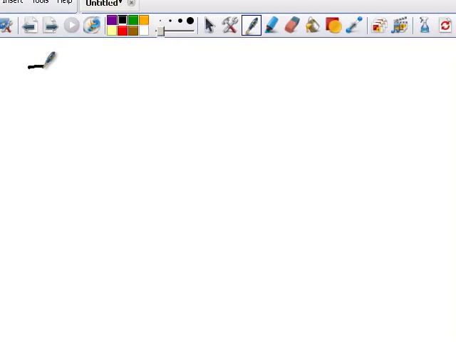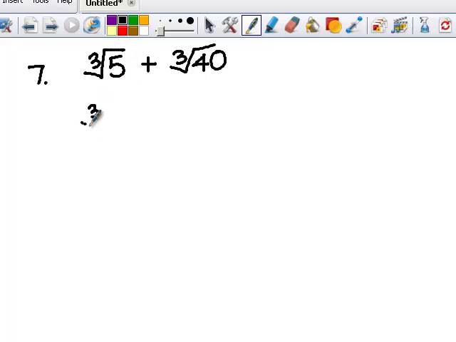And the last problem. The cube root of 5 plus the cube root of 40. So we're adding here. And again, they tell you how to break this 40 down because they give you a hint. Right here is a 5. So let's make 2 cube roots now. 40 divided by 5 is 8.